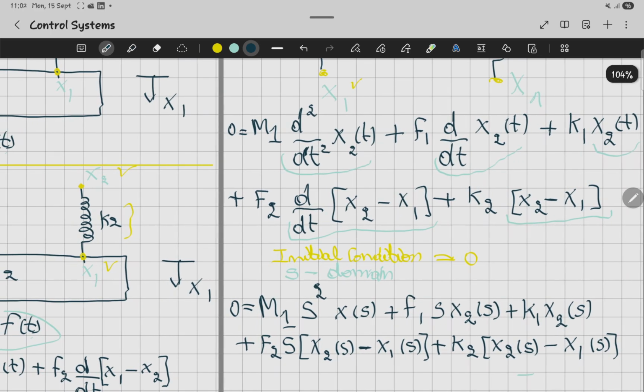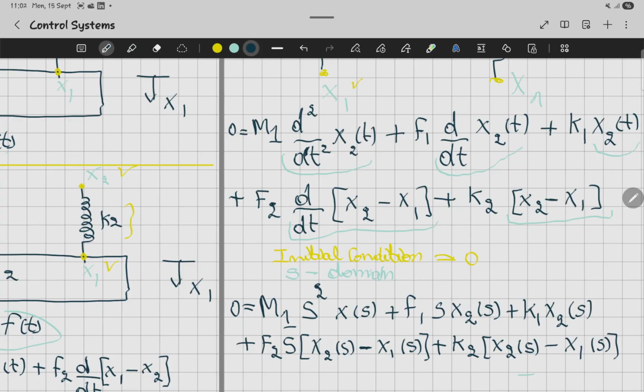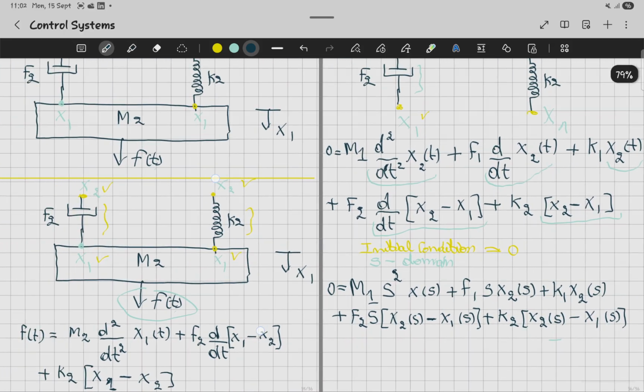So this is what you're going to get if you have to convert it into S domain.